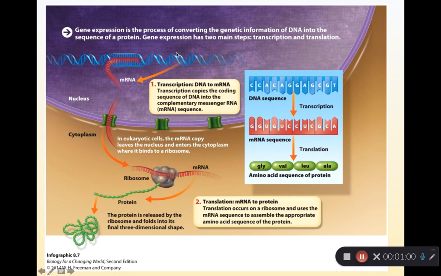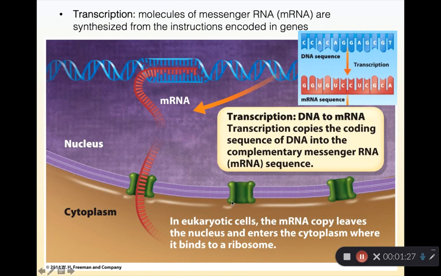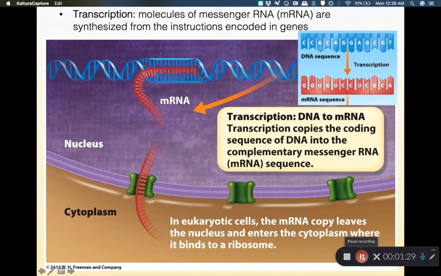Where we're going to be starting is looking specifically now at transcription, where DNA is transcribed to mRNA, which then exits the nucleus into the cytoplasm and goes to a ribosome to begin translation. And this is where we're really going to begin, understanding transcription.